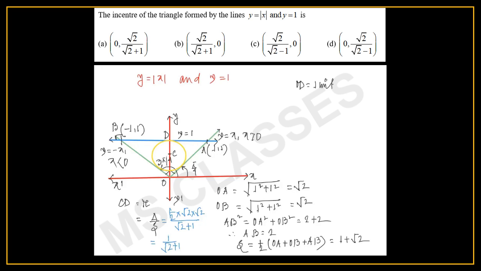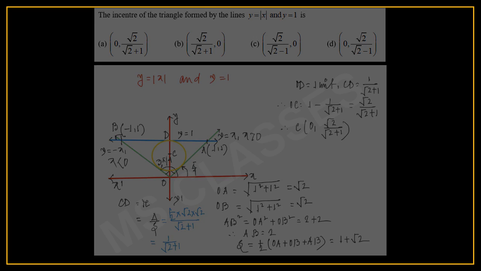Now when OD is 1 unit, we have got CD length equal to 1 by root 2 plus 1, and therefore OC equals 1 minus 1 by root 2 plus 1. That gives us root 2 by root 2 plus 1.